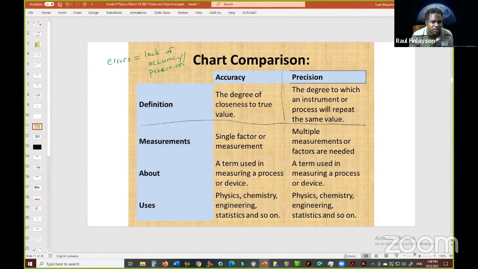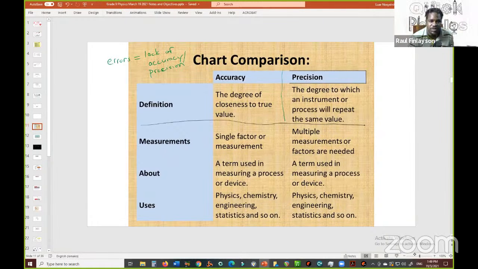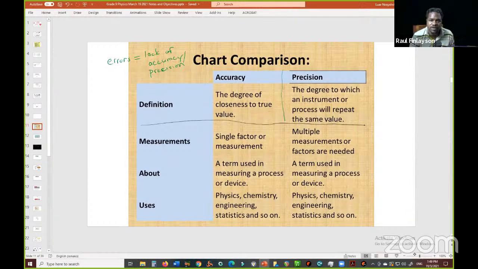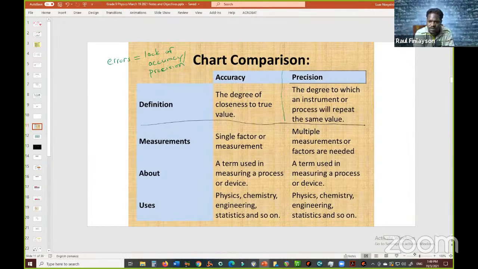That is considered the true value. Any value that you take after that is compared to that true value. It could be more, it could be less, it could be the same. If it's the same, it's 100% accurate. If it's different, then there's some degree of error, and some books will call it uncertainty. That's the way they address that situation.